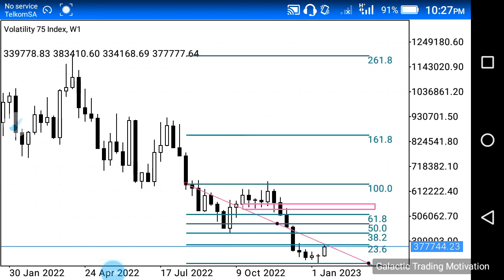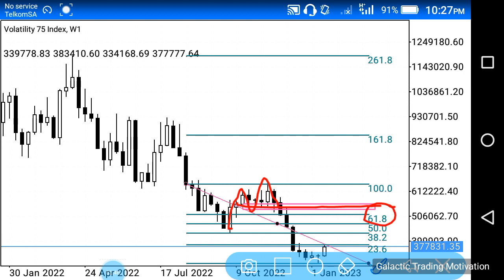And we can see, guys, that the neckline of this M structure aligns with the 61.8% Fibonacci retracement level, and that is confluencing as far as looking for selling opportunities should price revert to this level over here, right?